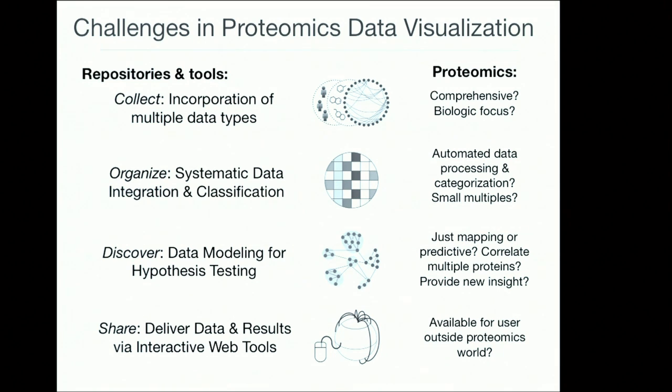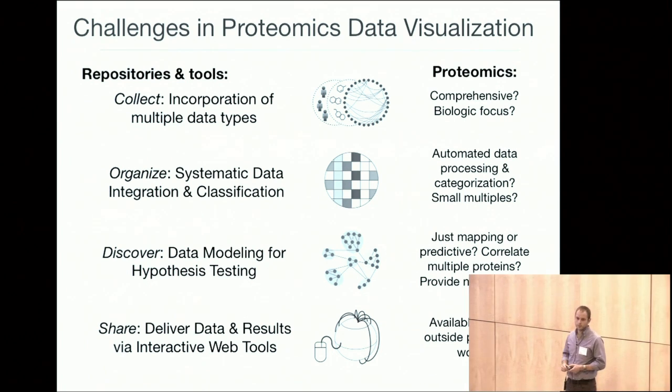Another thing is the systematicness of these methods, and for proteomics specifically, it's important that all these analysis pipelines are automated and standardized, because there are so many different types of processing tools out there that standardization is necessary. And in order to show all this data, we need small multiples, which is one way of doing this.